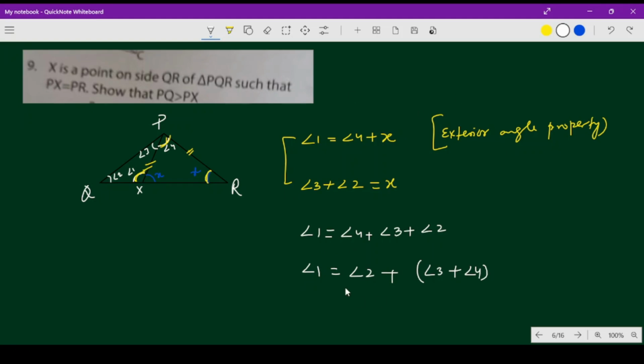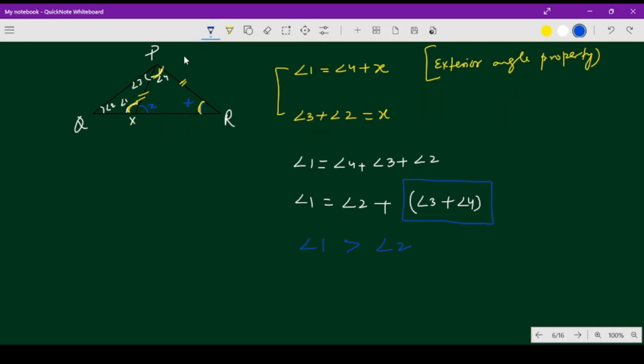So over here angle 1 is obtained by adding angle 2 to angle 3 and angle 4. Here these angles all are positive. It means that angle 2 is smaller than angle 1, so angle 1 is bigger than angle 2. As angle 1 is bigger, the opposite side is PQ. So PQ is bigger than the opposite of angle 2, which is PX. So this way we can prove this kind of question.